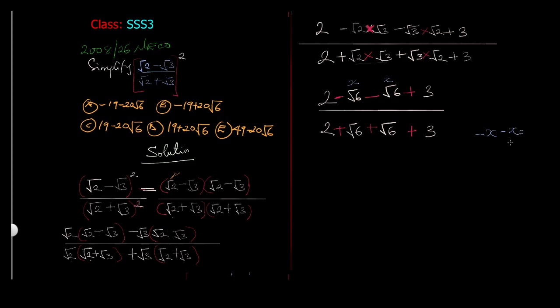Minus 2x. Now, minus 2x would have given you what? Minus 4x. Keep that one, just keep it because we are going to use it right now to have what we are looking for.